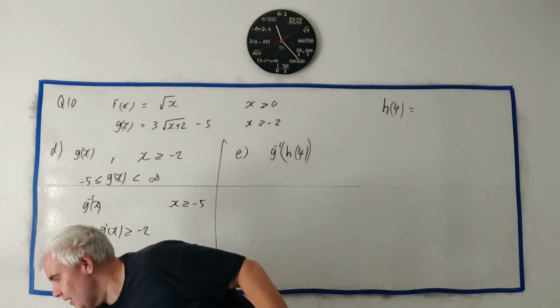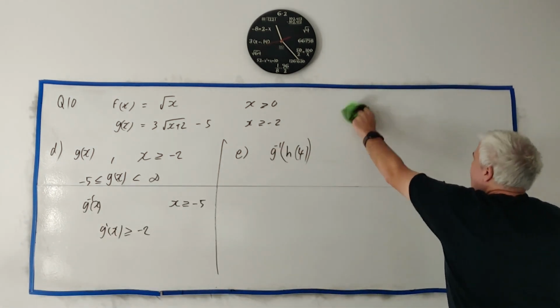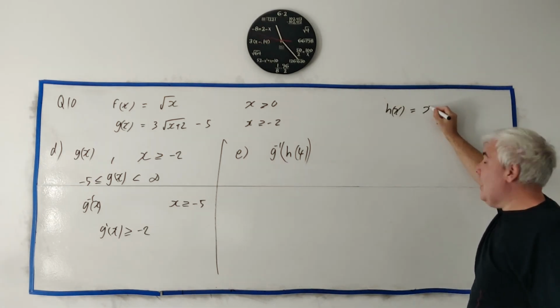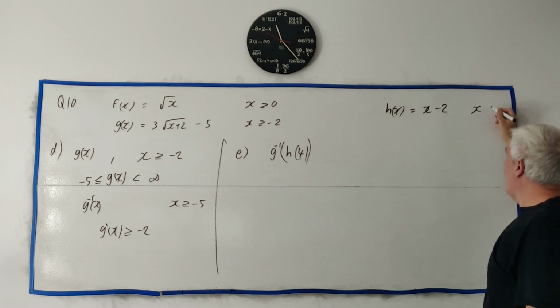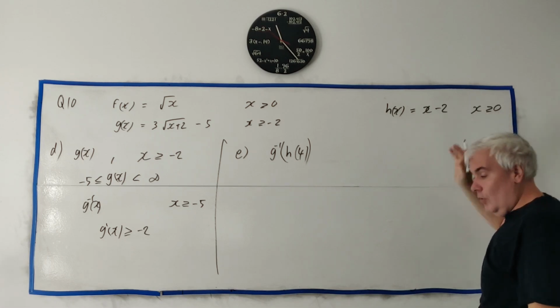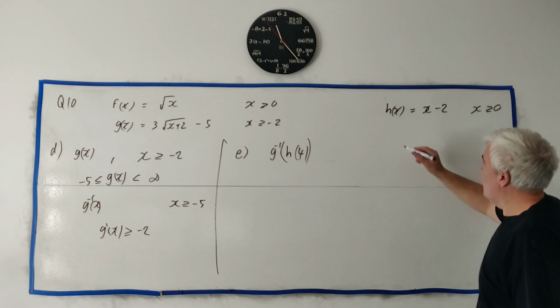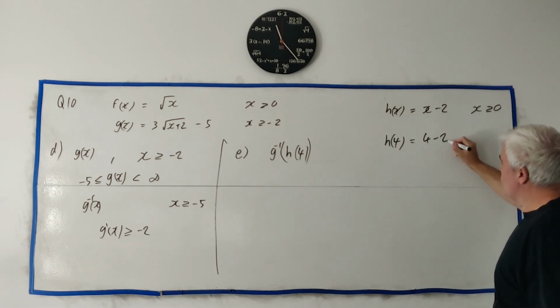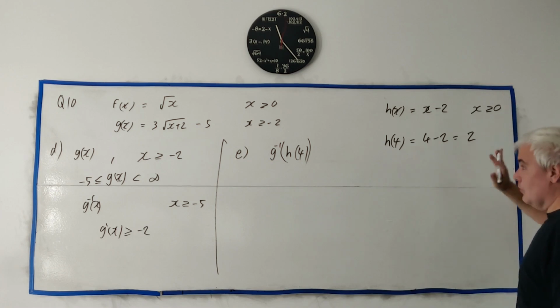Let's do it up the top here. Hx, it was a very simple function. It was equal to x minus 2, and it only worked when x is bigger than or equal to 0. So if I put 4 in, that's simply 4 minus 2, which is simply equal to 2.